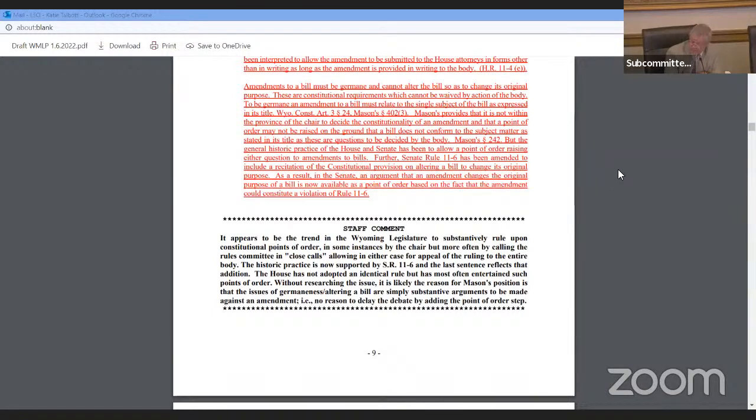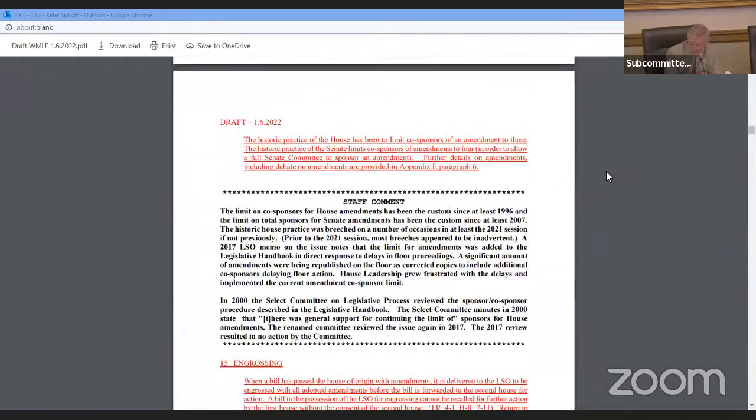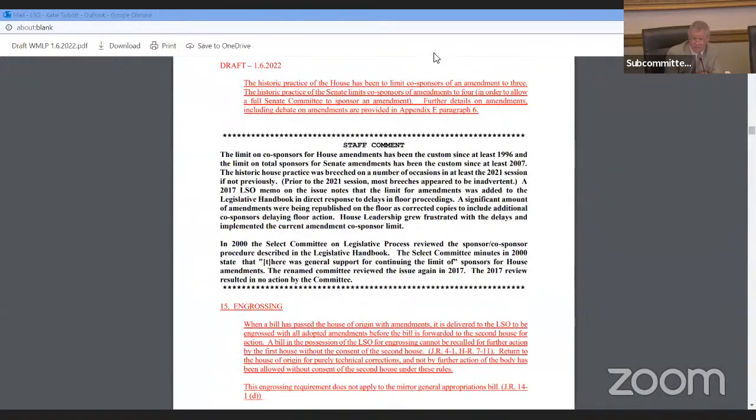On page 10, Mr. Chairman, historic practice, and this has been one that you've looked at a number of times. It comes up, and I know in the last couple of sessions, the House has deviated from this, but I don't know if that's really the intent or not.